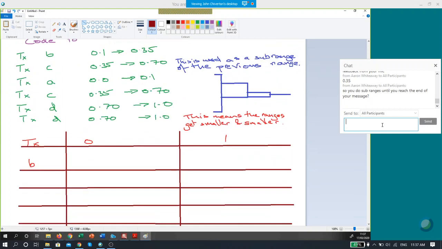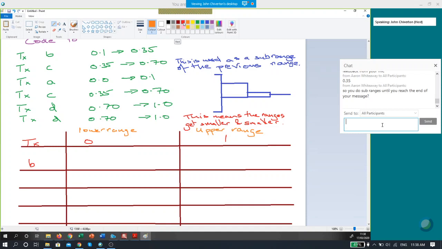Okay, so if we've got 0.1 to 0.35, so the new lower range, this is the lower range value, and that's the upper one, rather obviously.